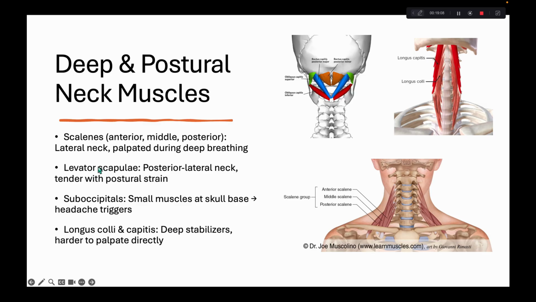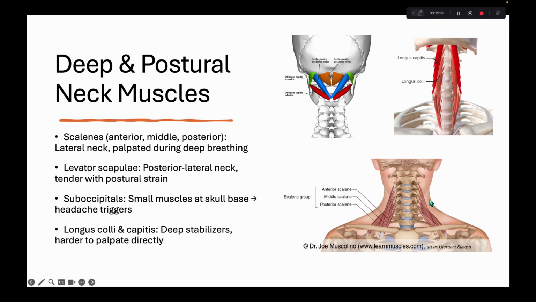Then we have the levator scapula. There's actually not a picture of this, but this is a posterior lateral neck muscle. It is tender with postural strain. One of the main actions of the levator scapula is to elevate the scapula.